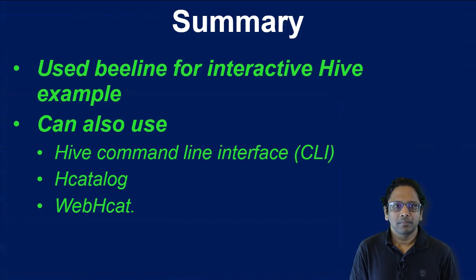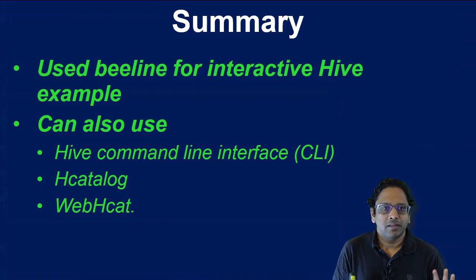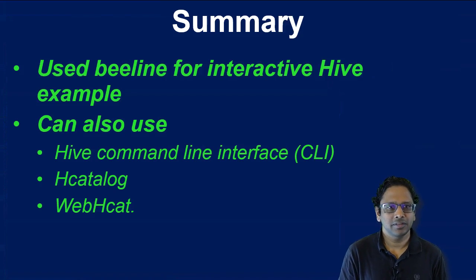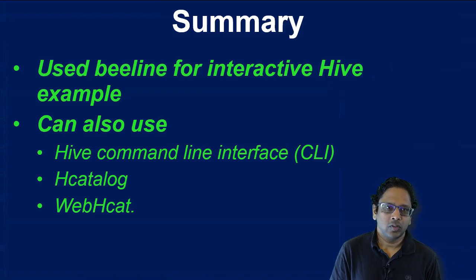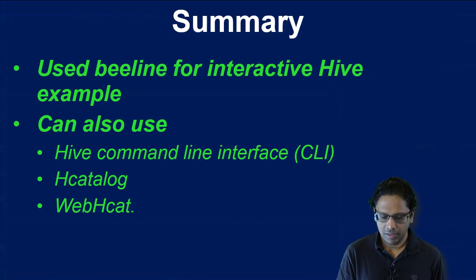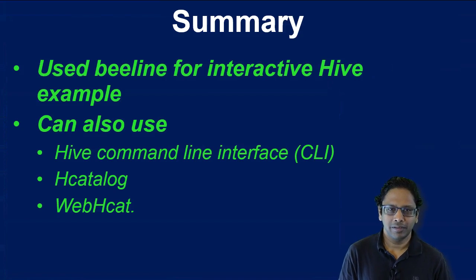So either way, you have a lot of options, and you can write your own custom mappers and reducers, as I mentioned. So you can do quite a bit of data processing using Hive. Again, for Hive, we'll have a separate module upcoming, which will have a lot more detail. And this was just a quick overview and a quick preview of how you can run Hive on a Hadoop cluster.